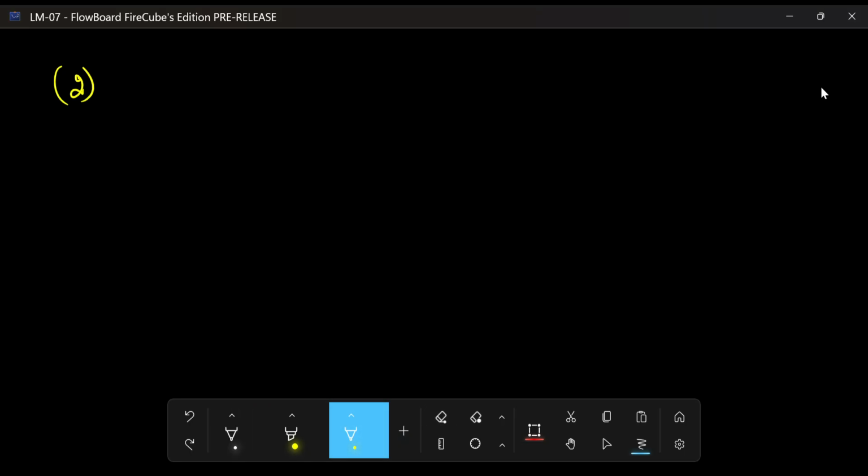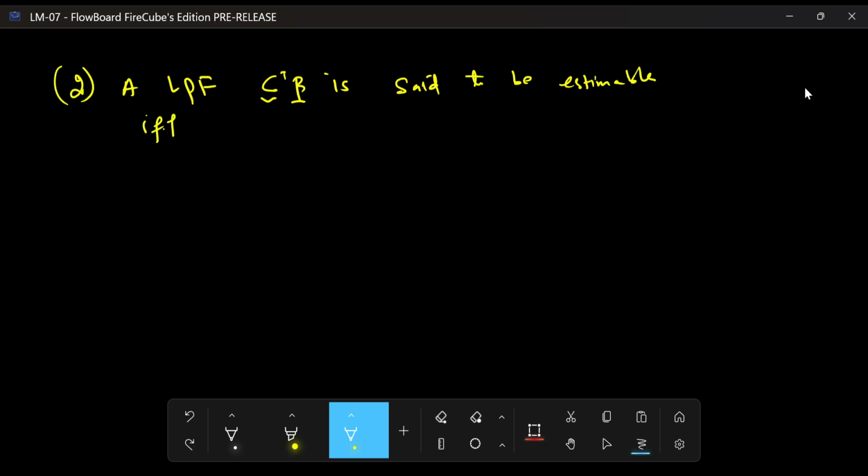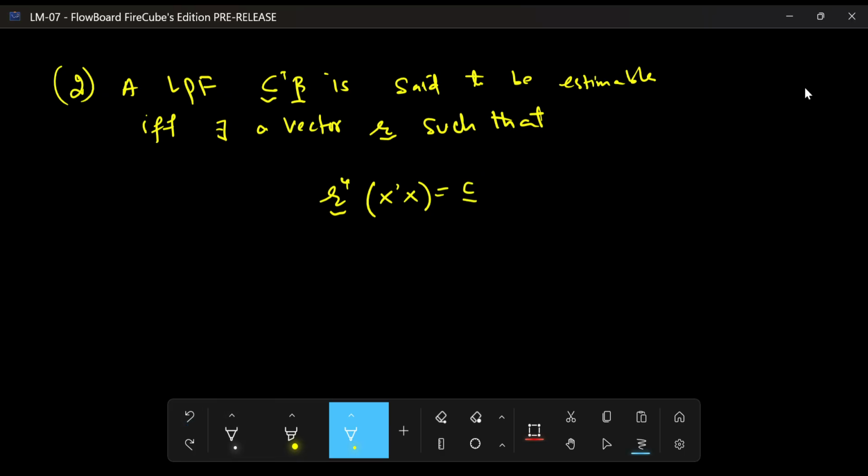Now the second method. A linear parametric function C curl transpose beta curl is said to be estimable if and only if there exists a vector R curl such that R curl transpose X is equal to C curl transpose.